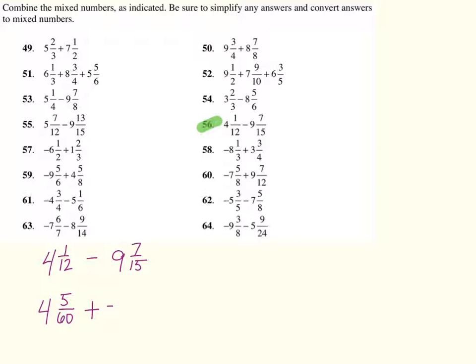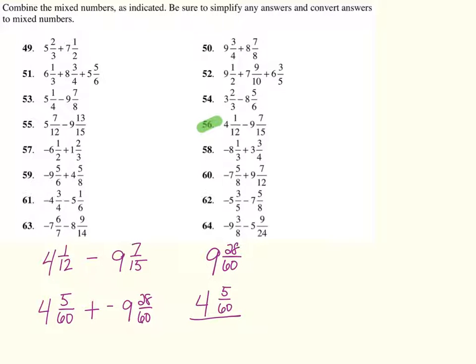Plus negative. 15 goes into 60 4 times. 4 times 7 is 28. Okay, let's do the stacking method. Just remember our answer is going to be negative because the 9 was negative.